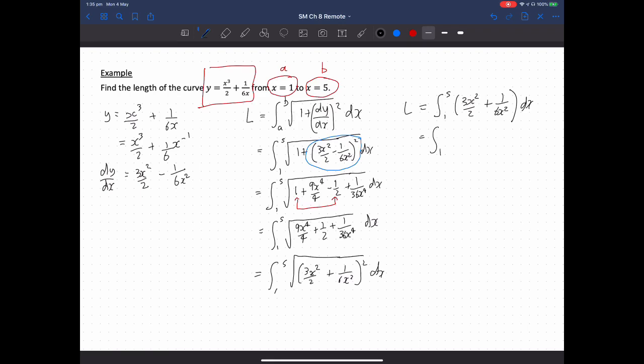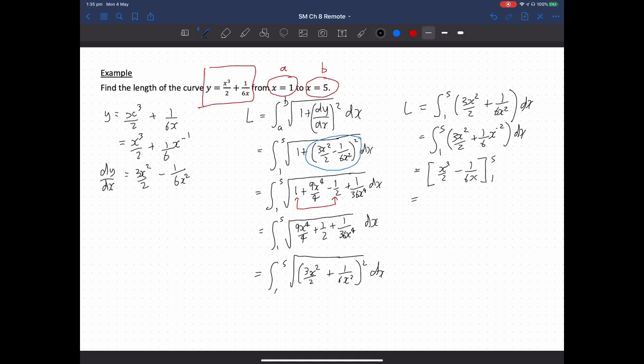That is the integral from 1 to 5 of 3x squared on 2 plus 1 on 6 times x to the minus 2, dx. Anti-differentiating, we will get x cubed on 2 minus 1 on 6x between 5 and 1.